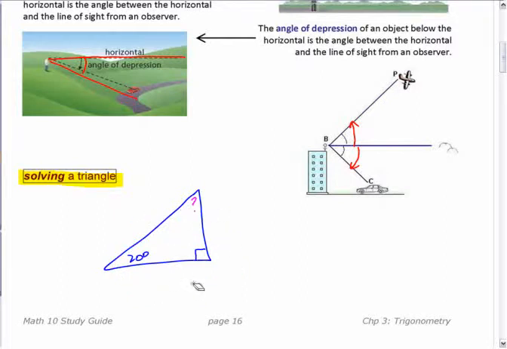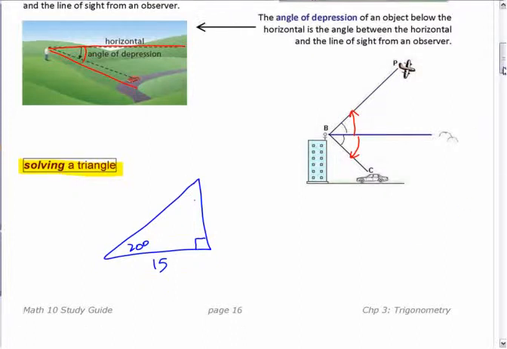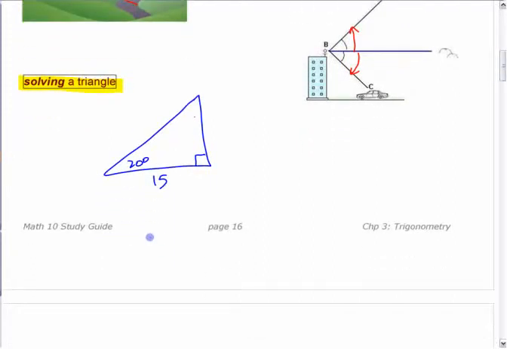If this is missing, you don't have enough information to find it. Okay, but if you're given three things, you can find all the other things. I wouldn't just call all the other things question mark. I would give them names, because then you can write an equation for each of them and find each of those missing pieces.